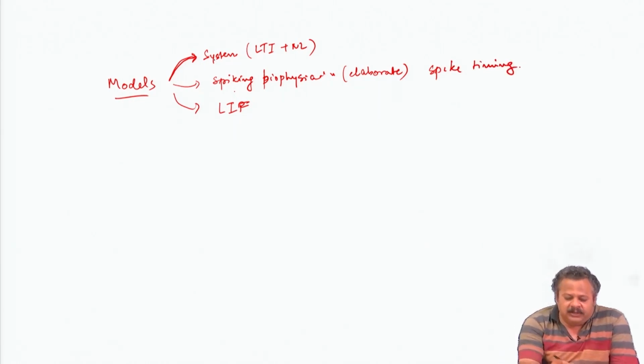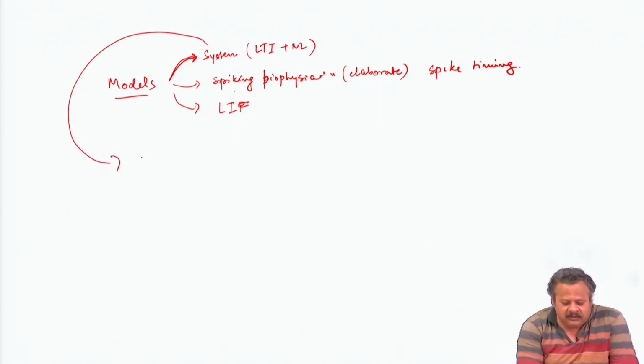So along with the systems model, we have connected to the second part where we have looked at receptive fields of neurons, that is on the encoding aspects.